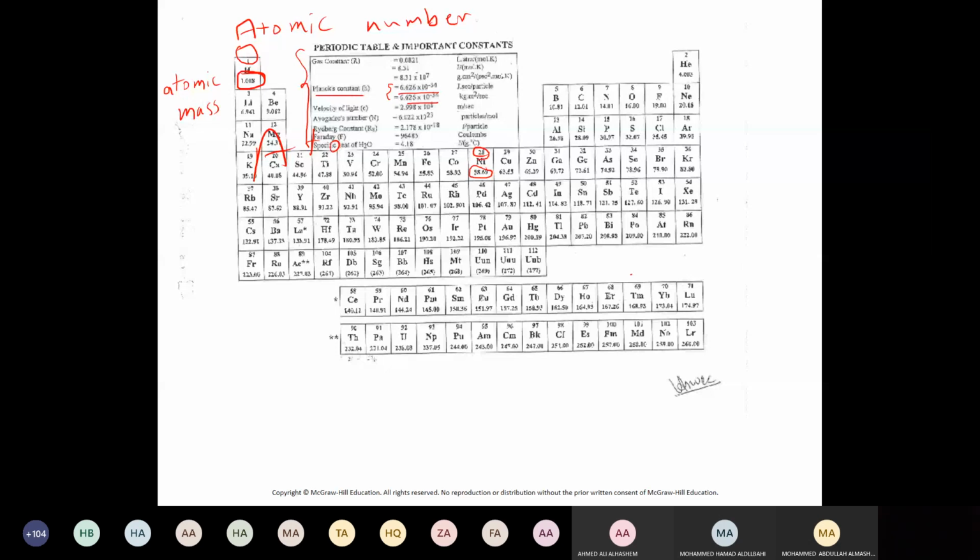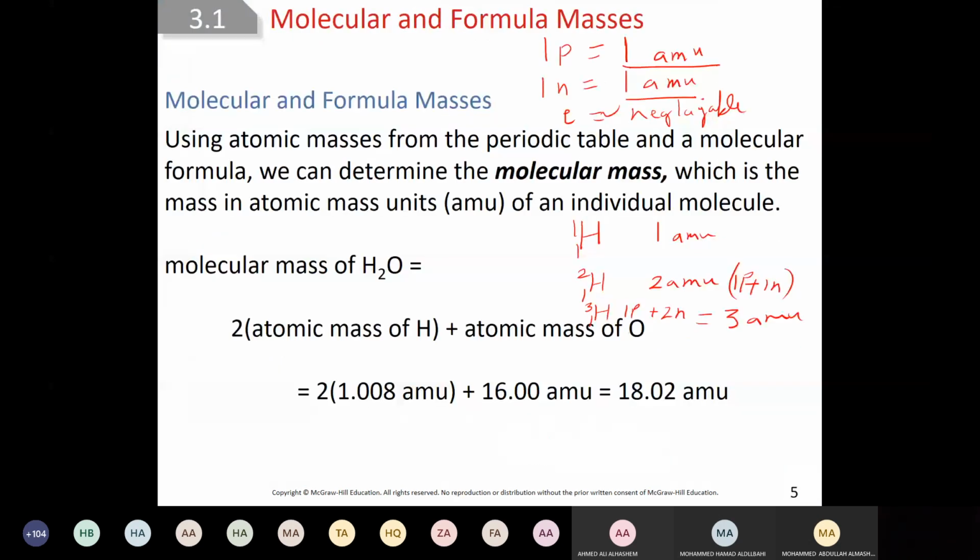So, again, I repeat one more time. When we say 1 AMU, 2 AMU, 3 AMU, these are the mass numbers. But if you look at the periodic table, you will find that hydrogen mass is 1.008 AMU.